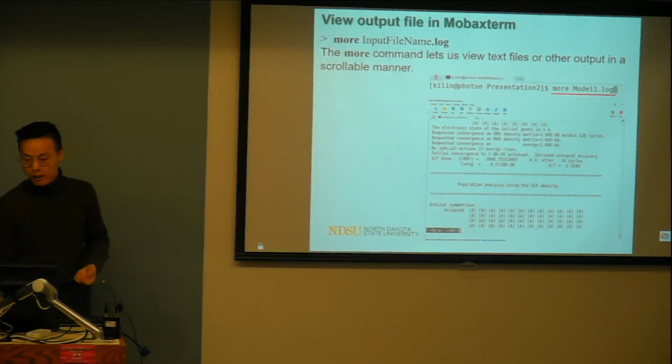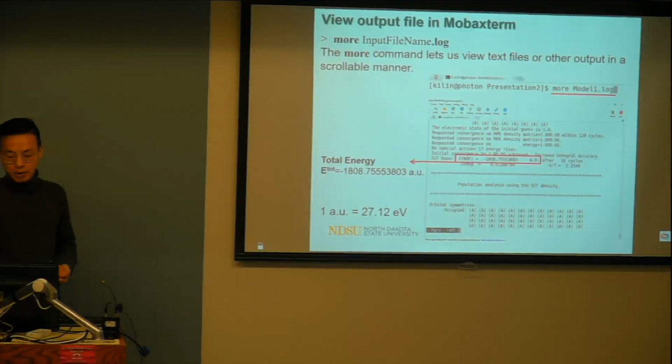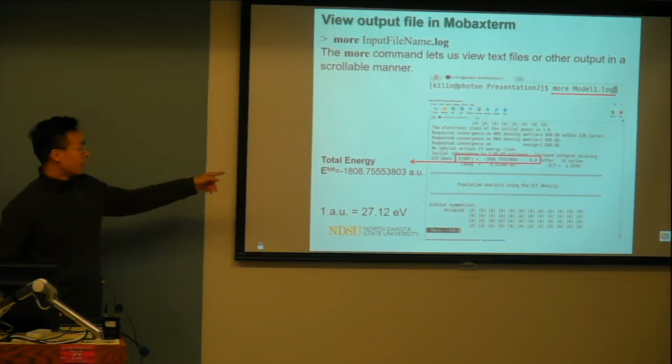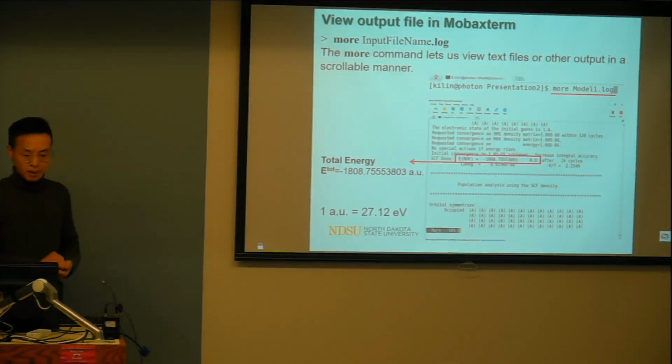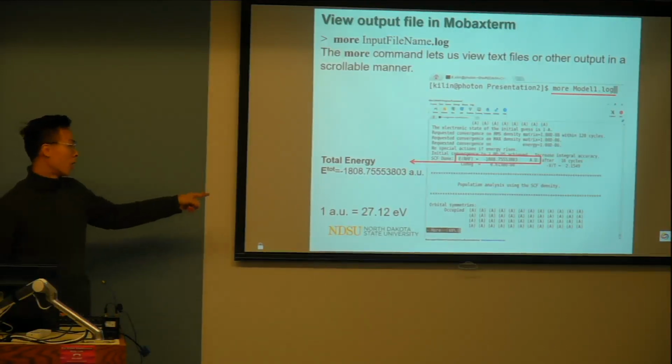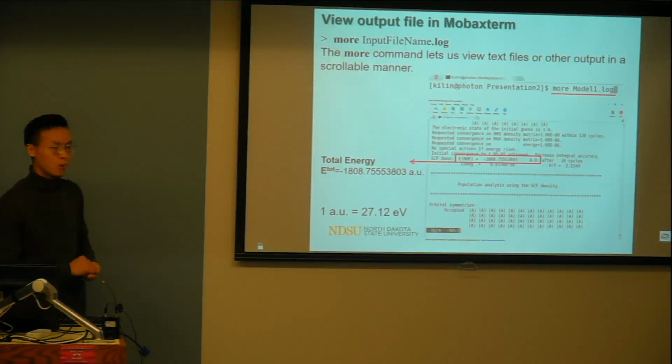As you can see, the total energy of this model is shown here, E(RHF), and this is the total energy of the optimized geometry in atomic units. I should mention that 1 atomic unit equals 27.12 electron volts.